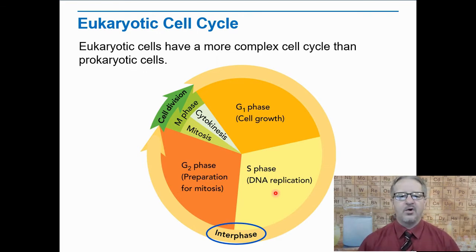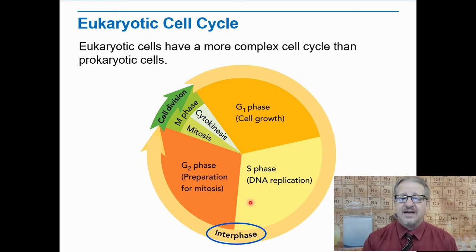Okay, so you get a whole new copy. And then the cell will move into what's called the G2 phase. And this is sort of a growth phase as well, which is what the G stands for, I believe. I could be wrong, but it helps me remember what's going on. So I use growth as what the G stands for. But the G1 phase is just cell growth. The S phase is the synthesis of DNA.